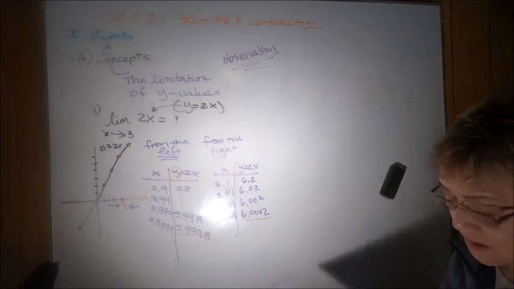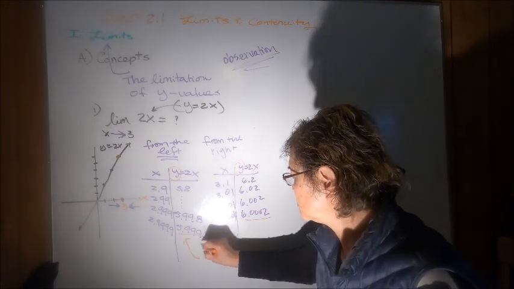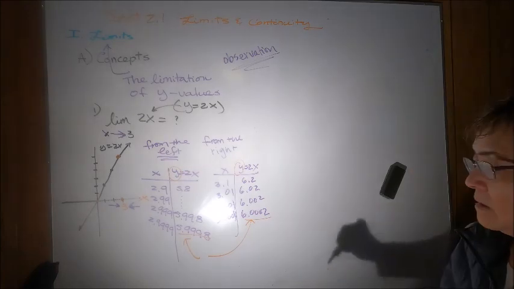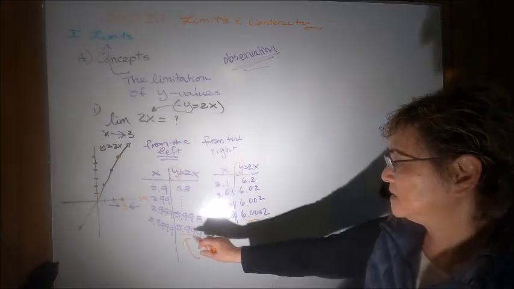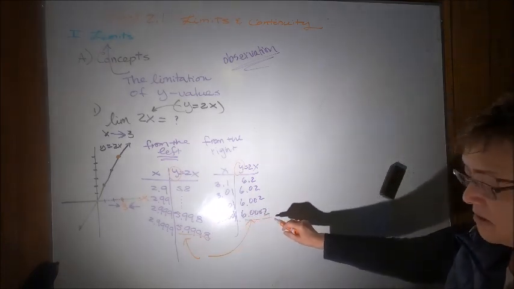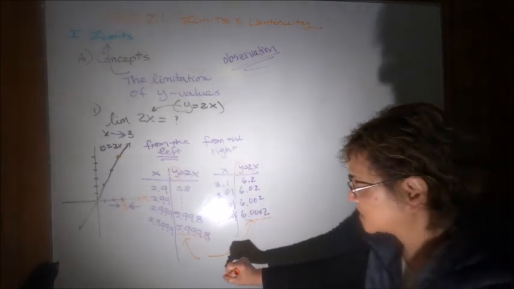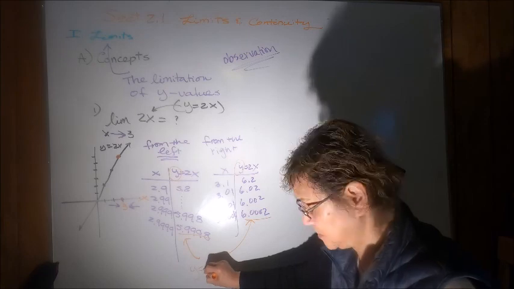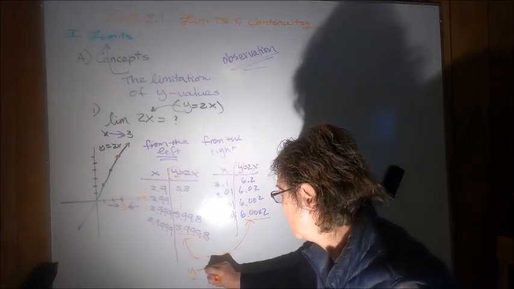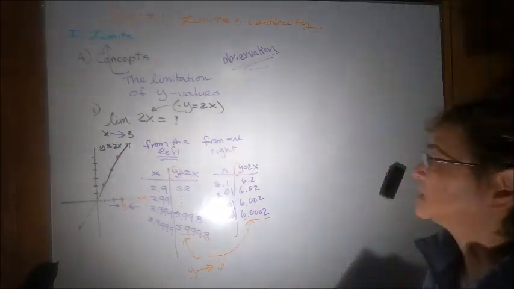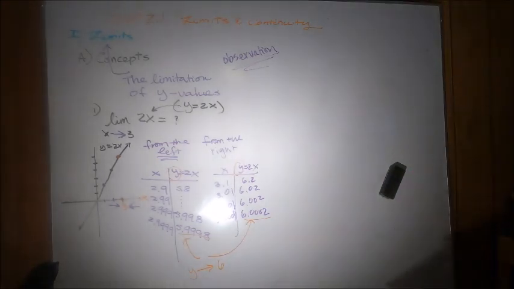So for these two numbers, y is very close. This one is getting bigger, this one is getting smaller and smaller. So your y is bounded by what? y will approach 6, right?